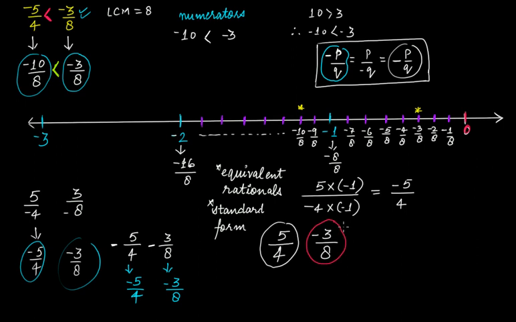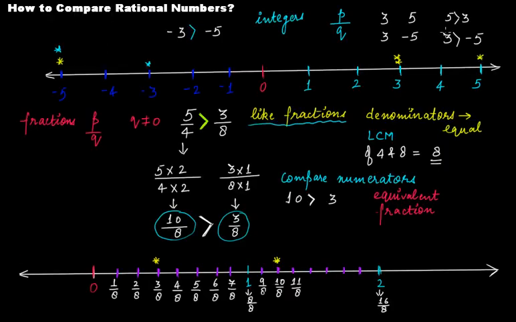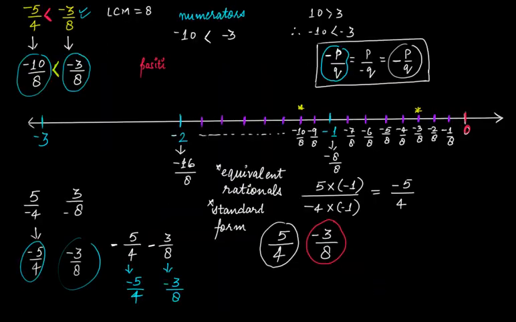Now we know that whenever you are comparing a positive with a negative rational number, however small the positive value is, it's always greater than the negative number. So 5 over 4, that is positive, is always greater than the negative. So this is always greater.